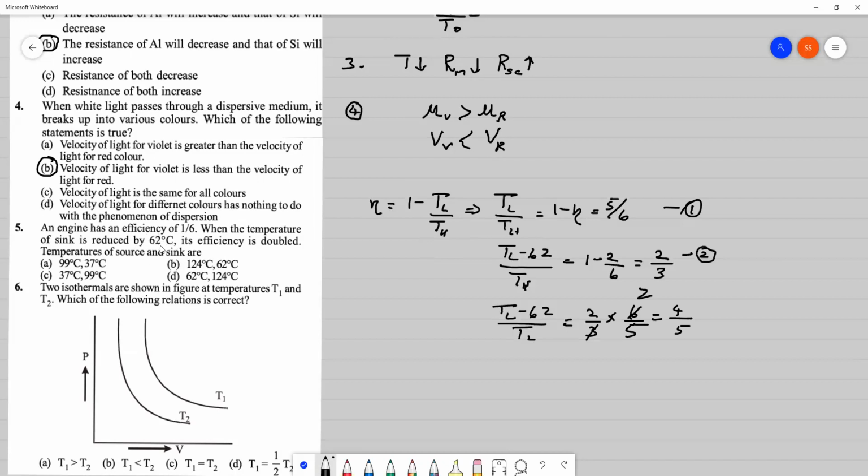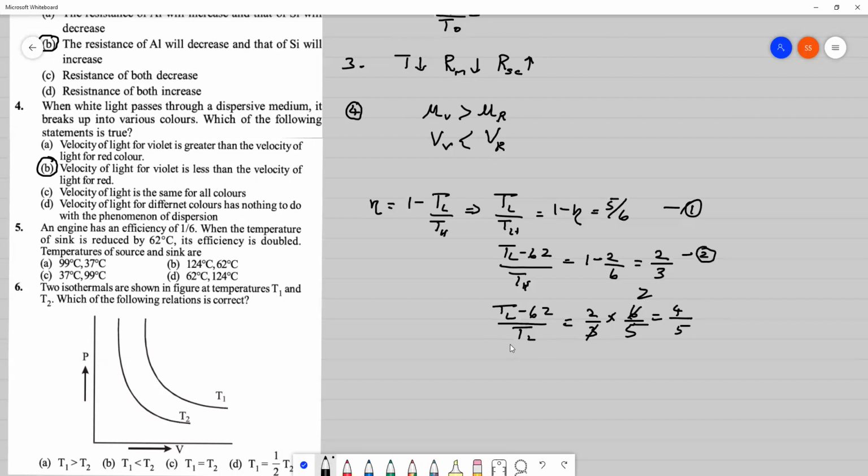The change in temperature in Kelvin as well as in degrees Celsius is the same. So if the change is 62 degrees Celsius, then the change in Kelvin is also 62 Kelvin. So you should understand that concept here.